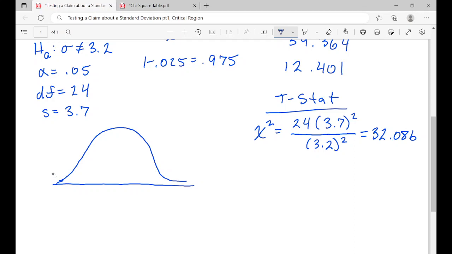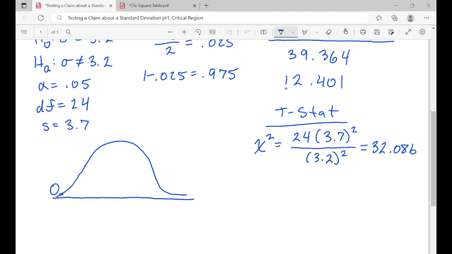So we know that 0 is here, and the first critical value is 12.401, which I'll say is here. So we have this area shaded over here. And the next one is 39.364, which I will say is here, and we're shading everything over here.